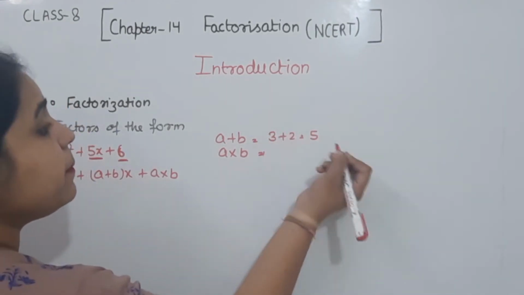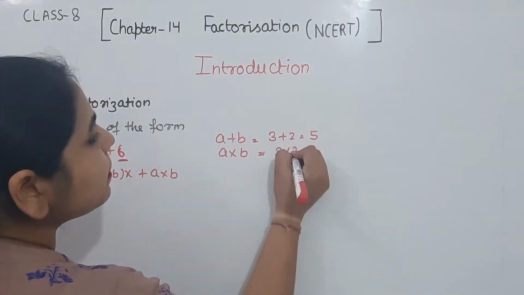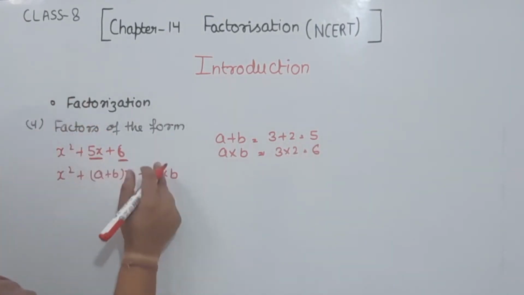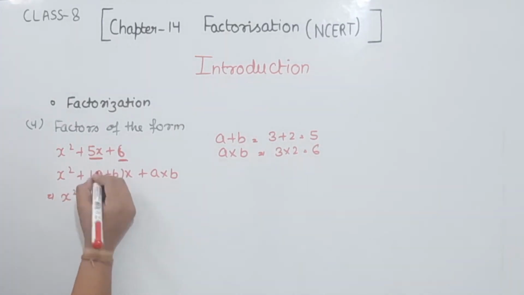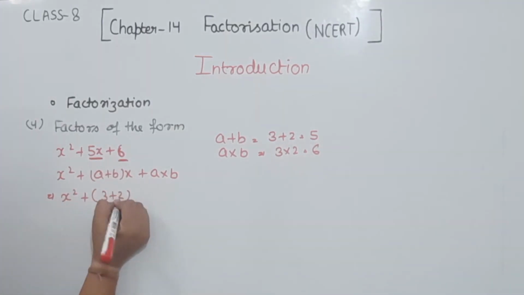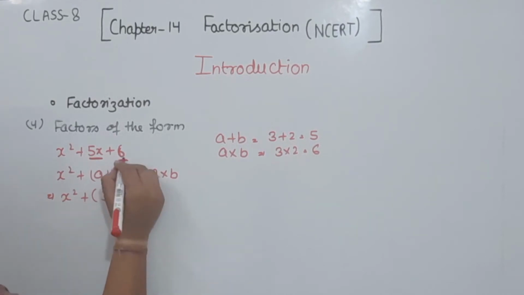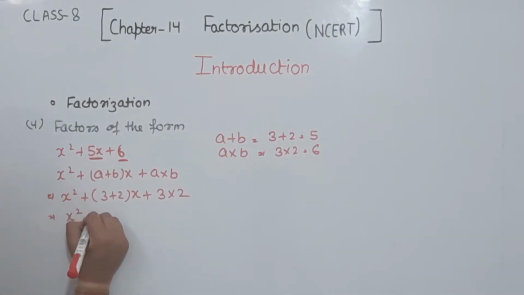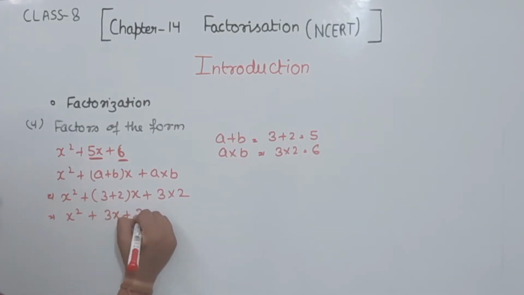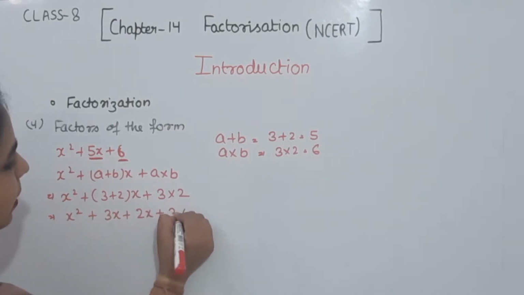And when we multiply these two numbers, 3 twos are 6. Now I'm going to write this as x square plus (3 plus 2) multiplied by x plus 3 multiplied by 2. So we have x square plus 3x plus 2x plus 3 multiplied by 2.